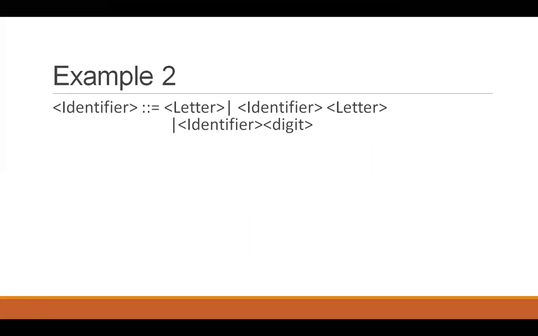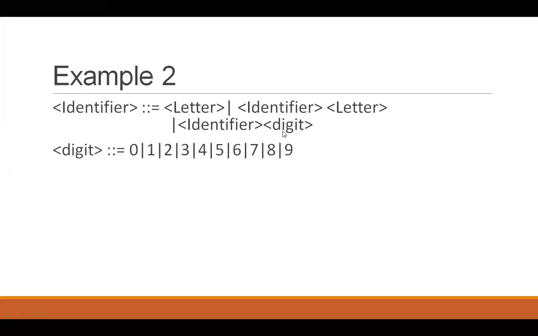What I'm trying to say is that an identifier is defined as a letter, or an identifier followed by a letter, or an identifier followed by a digit. This pipe symbol is in the next line since there was no space in the line above. Don't think it is something new; it is actually part of the definition of the identifier.